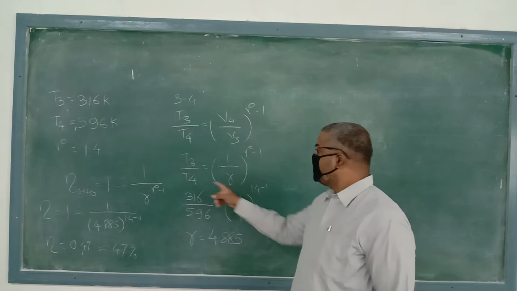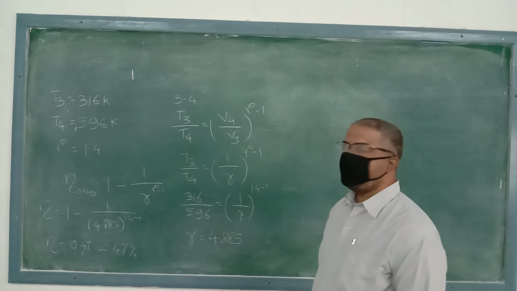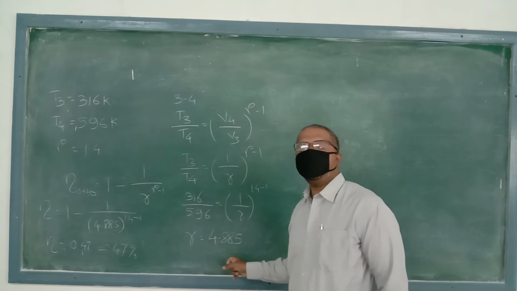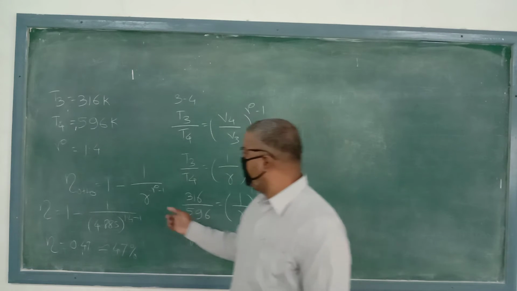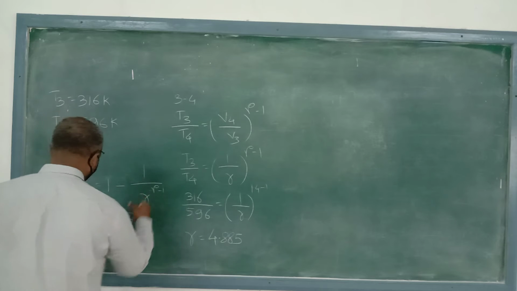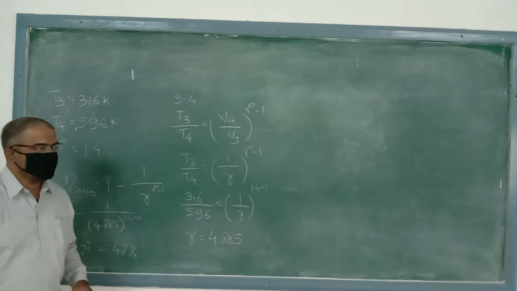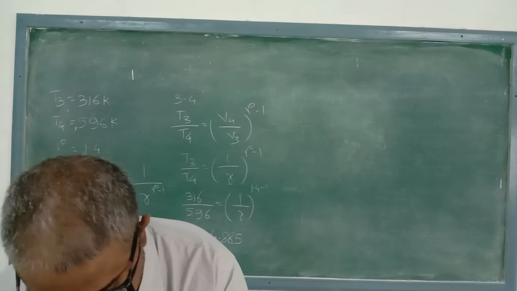So substituting the values of temperature T3, T4 and gamma, we got the value of r is equal to 4.885. Now you know the value of r, you know the value of gamma, you can substitute in this formula, and you got the efficiency of the Otto cycle is 47%. So this is the first problem.